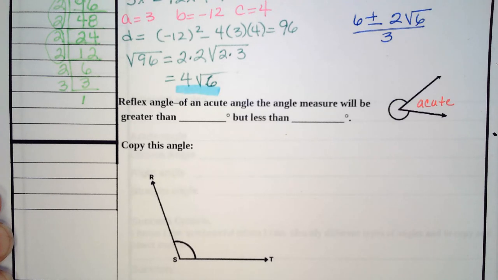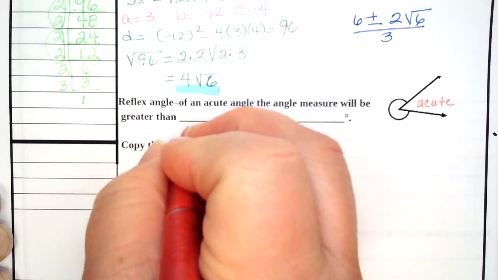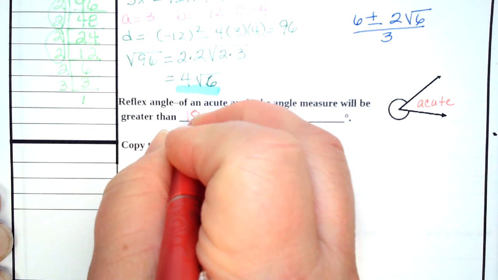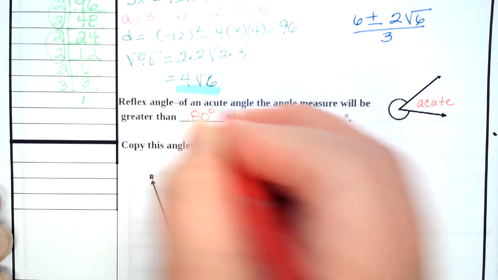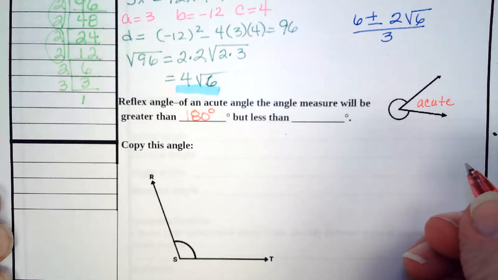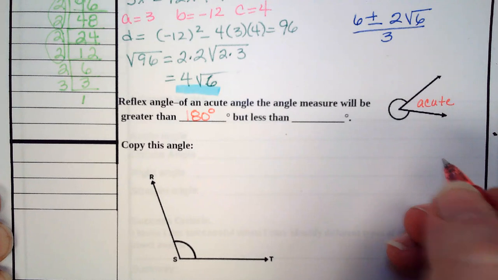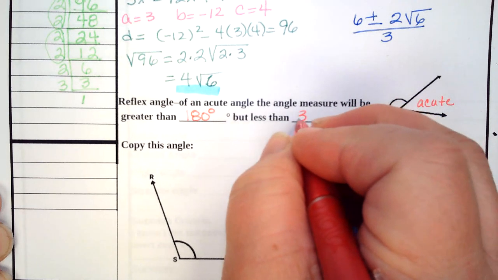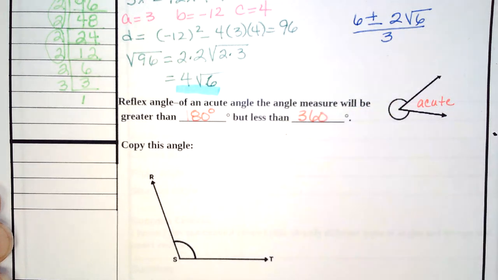So the reflex angle of an acute angle, the angle measure will be greater than, what do you think? 180 degrees. But less than, how many degrees are in a circle? 360 degrees.